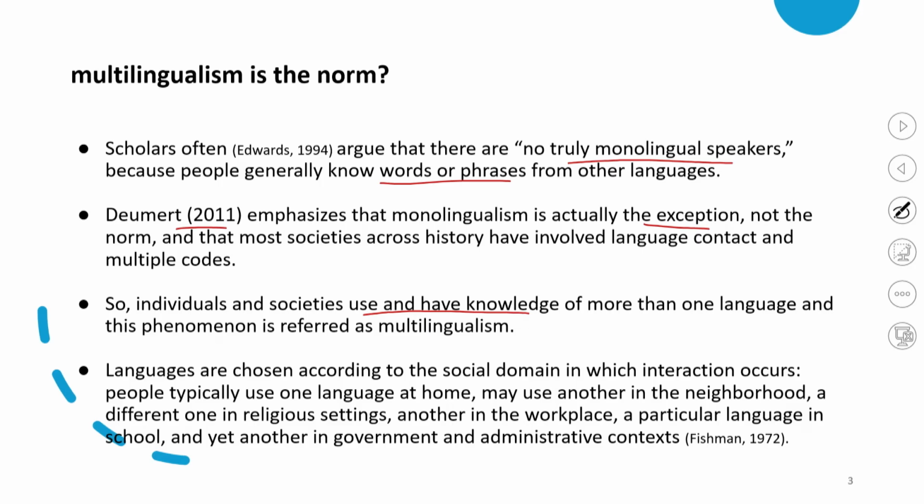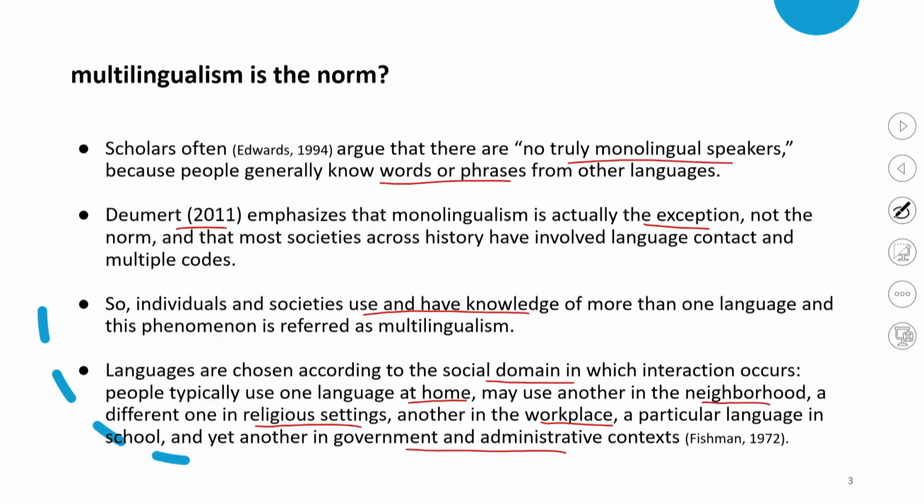So, languages are chosen according to the social domain. Now, in societies which use more than one language, how do you choose what language to use in which context? That depends on a number of different factors, according to the social domain in which interaction occurs. So, what are those domains? The typical domains, of course, may not be the same in every country, but typically we look at the language used at home, then in the neighborhood, different kinds of religious settings, and in the workplace, similarly many others.